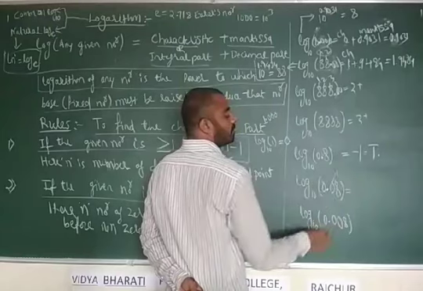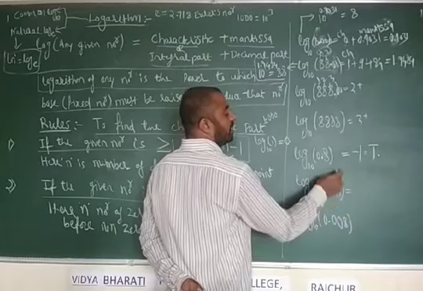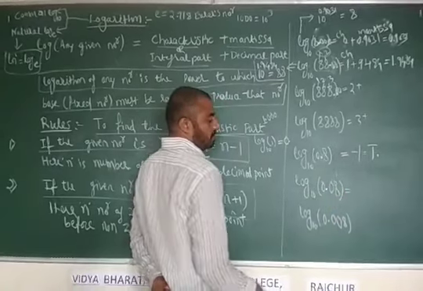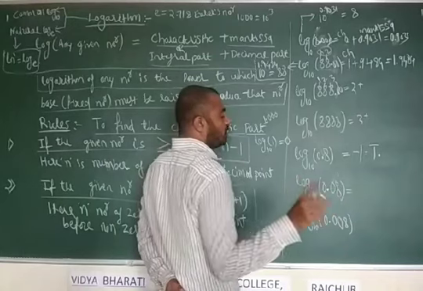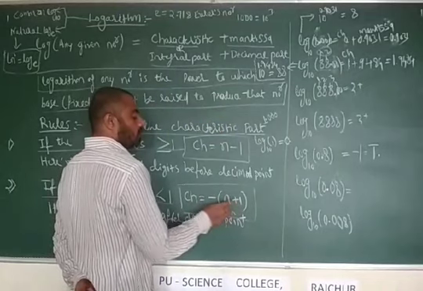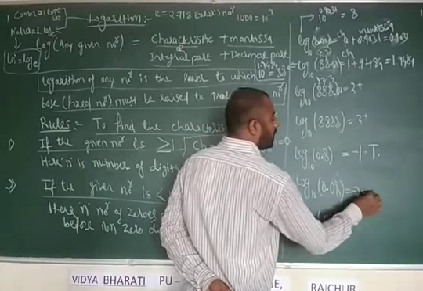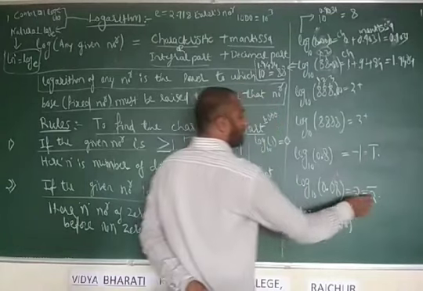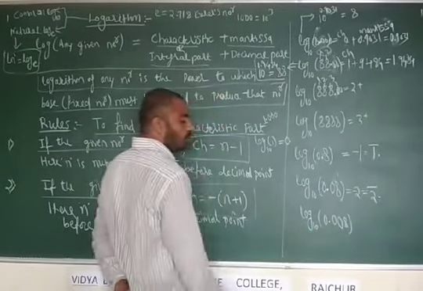Only 1 zero, because immediately it is followed by 8. What is 8? 8 is a non-zero digit. That's why after this decimal point and before this non-zero digit 8, there is only 1 zero. That's why n is equal to 1. 1 plus 1 is 2. Minus of 2, or you can write it as bar 2. The characteristic of 0.08 is bar 2.